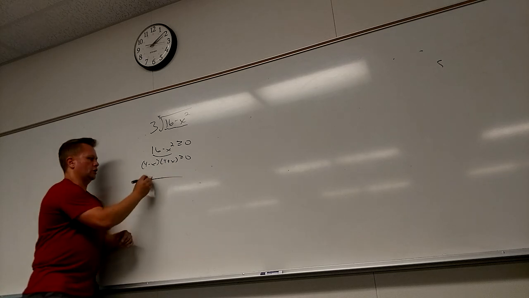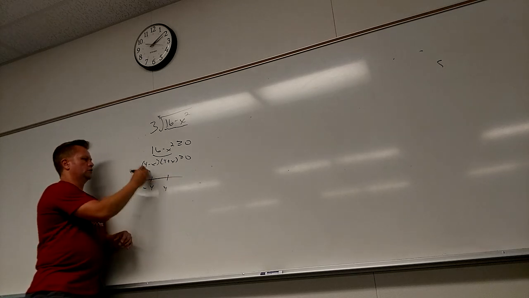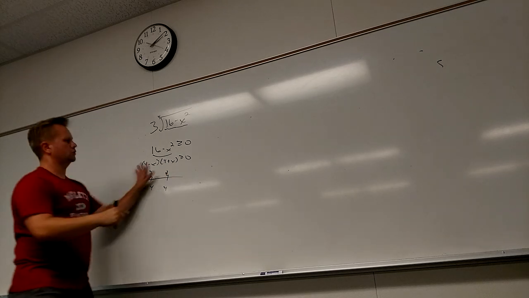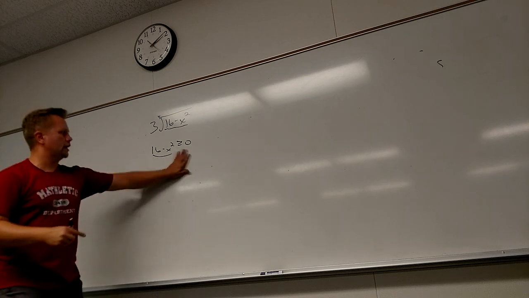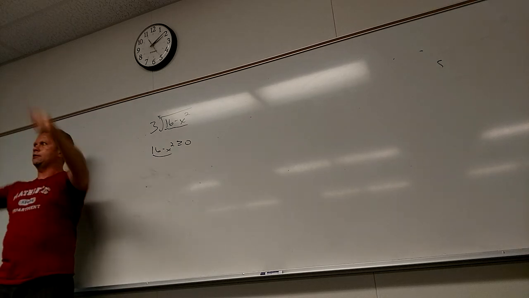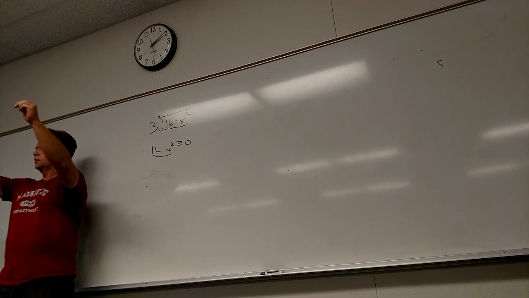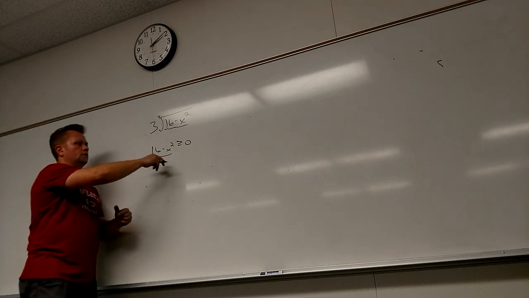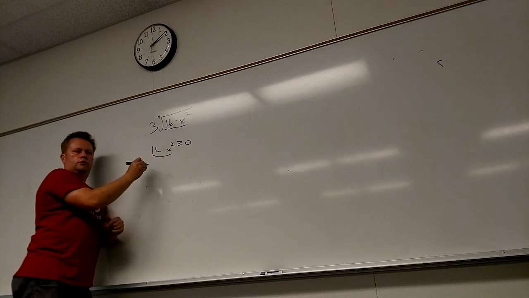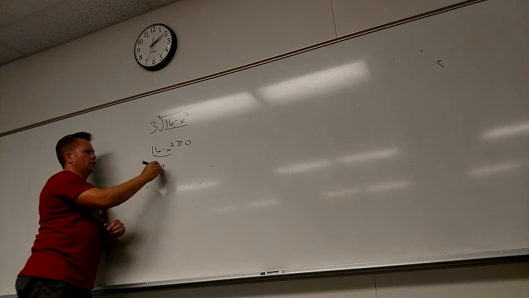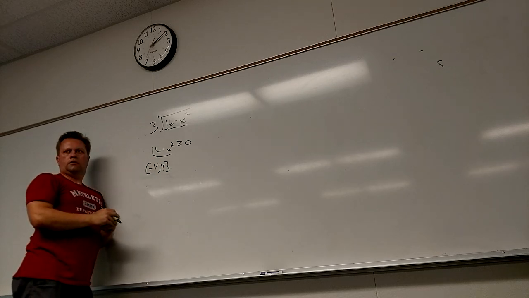Where is it 0? At 4, negative 4, check each, oh, forget that. It's just a parabola. Where is it positive? It's opening down, so it's between its x-intercepts. And what are the x-intercepts here? Yeah, so it'd be from negative 4 to 4 is the domain.